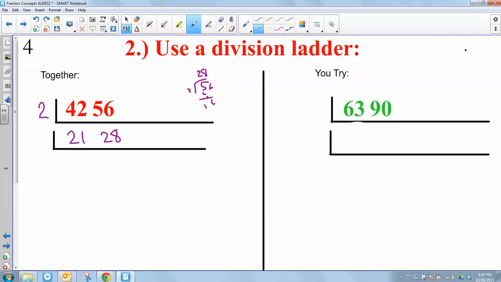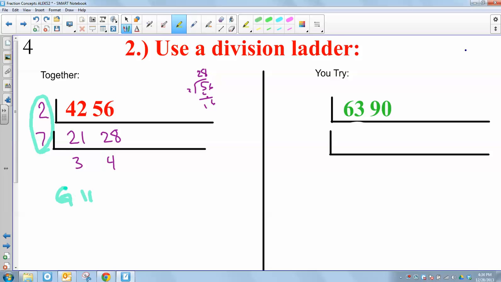So now I'm looking for another common factor between 21 and 28. A common factor that I see would be 7. 7 goes into 21 3 times, 7 goes into 28 4 times. Now what I'm going to do is multiply the numbers on the outside of my division ladder.